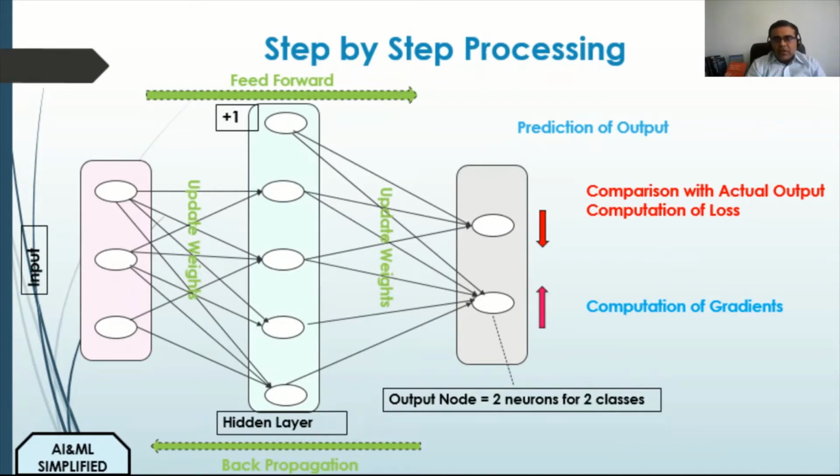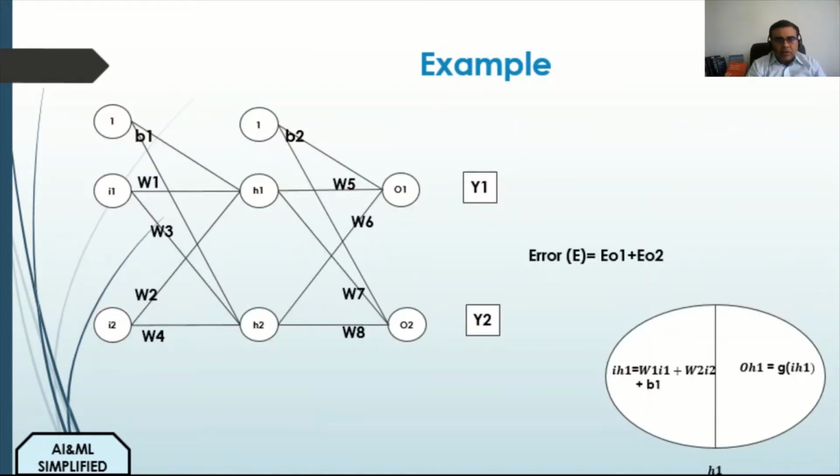So consider a simple neural network with two input nodes from an example perspective. It has two hidden nodes, H1 and H2, and it has two output nodes, O1 and O2. There are also two bias terms here, B1 and B2, which are connected to the hidden layer as well as the output layer.